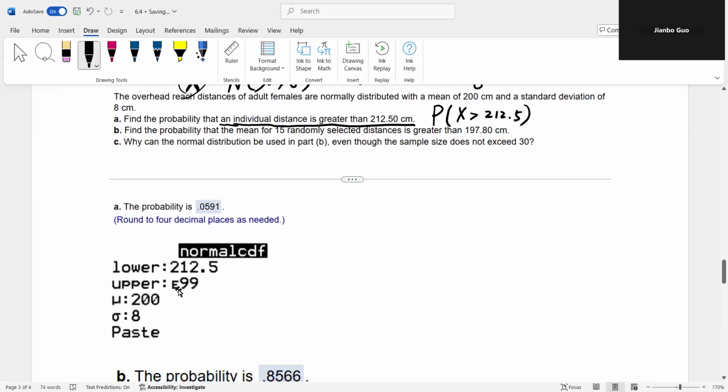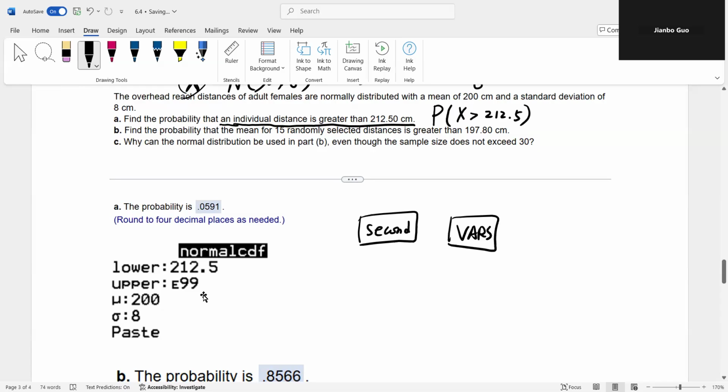You go to 2nd, then VARS on the TI-84 calculator, and you will see the distribution menu. In the menu, find the normal CDF function, and then enter 212.5 as the lower limit because the variable is bigger than that value. Upper limit is infinity. It doesn't have an upper bound for x.